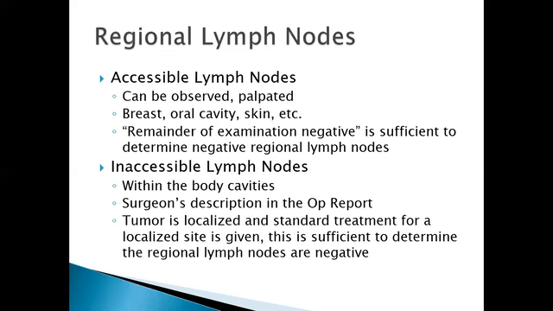Because if that patient had a lung mass with positive lymph nodes, then the radiation would have been to the lung tumor and the regional lymph nodes. So we can assume things by the treatment that a patient gets for the summary stage.